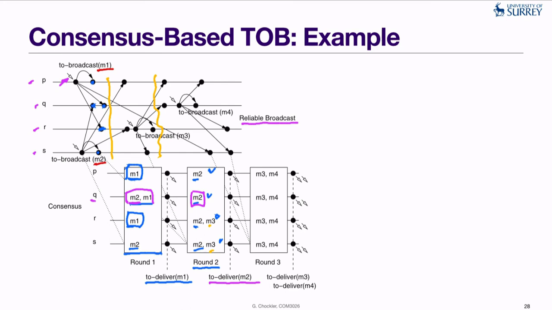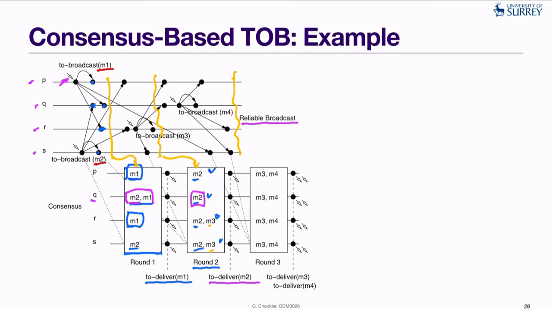And as it happened before with M2, M3 gets postponed to the next round. So in the next round, everyone has all 4 messages. So this round 2 happens here.